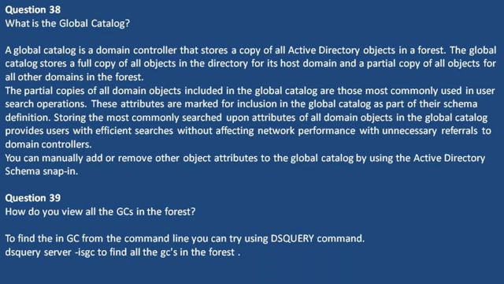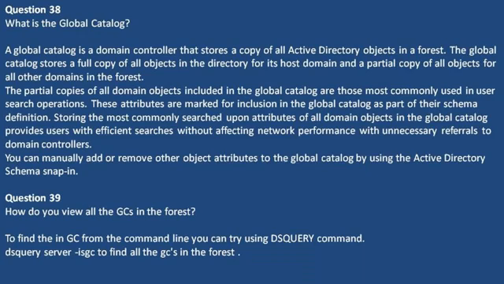These attributes are marked for inclusion in the global catalog as part of their schema definition. Storing the most commonly searched attributes of all domain objects in the global catalog provides users with efficient searches without affecting network performance, with no unnecessary referrals to domain controllers.